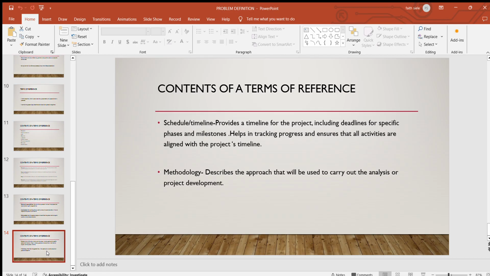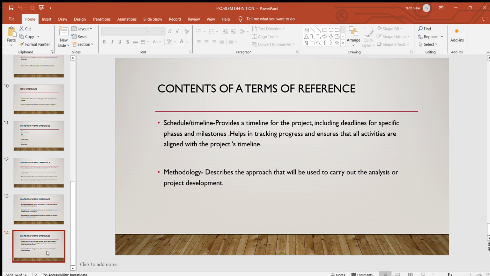And then we also talked about the contents of a terms of reference, whereby we were able to define what a terms of reference is. We say that it is a formal document which is used to describe a project before a full project charter is produced.